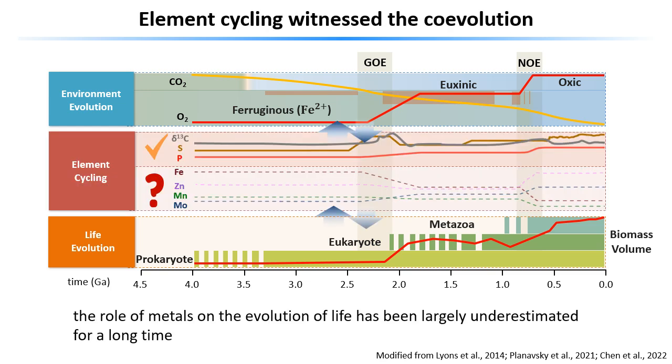Why and how this happened has been a mystery, but may be encoded in the journey I'm about to tell you. This is because the elements of both major and micronutrients, as information and material carriers, witness this co-evolution. And in this regard, conventional stable isotope studies of nitrogen, carbon, sulfur, and also oxygen have made great headway. But the metal side of the story has largely not been told yet.